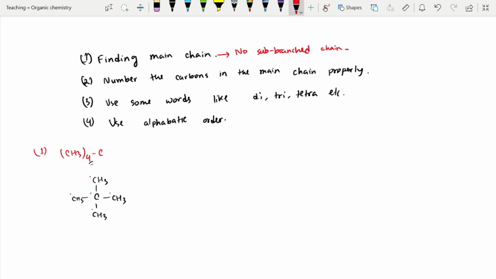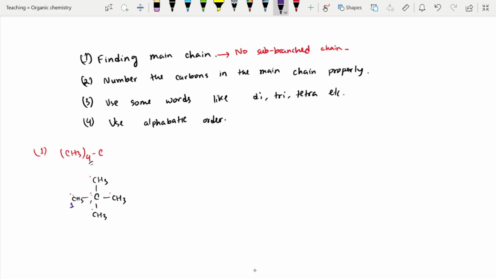So there are two chains which contain 3 carbons, the horizontal one and also the vertical one. Which one should I take? In this case you can take any chain. You can consider either of these two chains as the main chain. So let's take the horizontal one as the main chain.